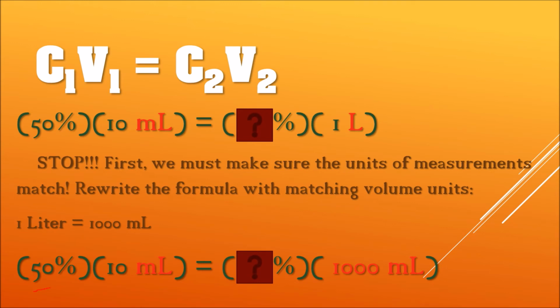Now see, we have it all nice and neat down here. 1,000 milliliters is the V2, and we don't know what the C2 is. That's what we need to find out. And over here is your stock solution. The 50% is your C1, and the 10 milliliters is your V1. That's the amount of stock solution you're going to take out and mix with water.